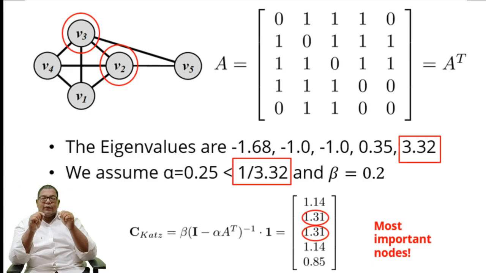With this we get the Katz centrality values by computing. These are the values we get for all the nodes: V1 gets 1.14, V2 gets 1.31, V3 1.31, V4 1.14 and so on. So V2 and V3 are the most important nodes in the graph.